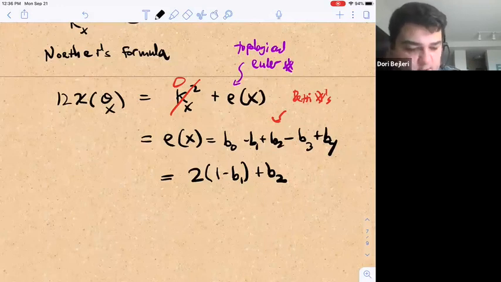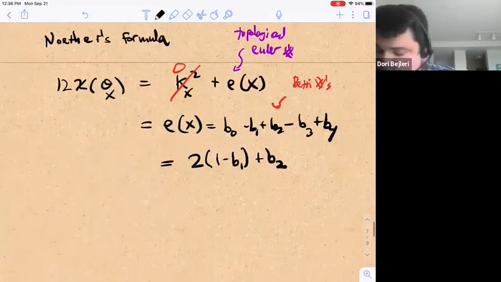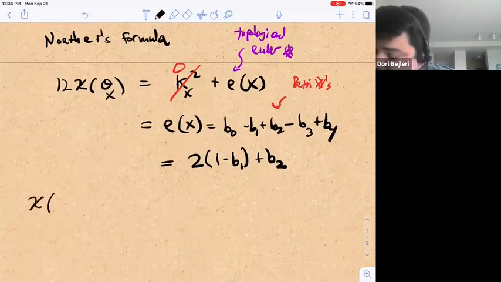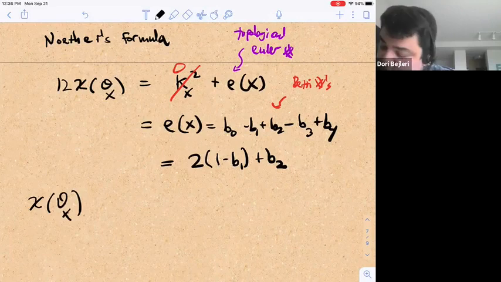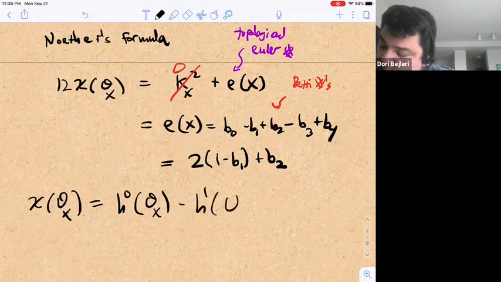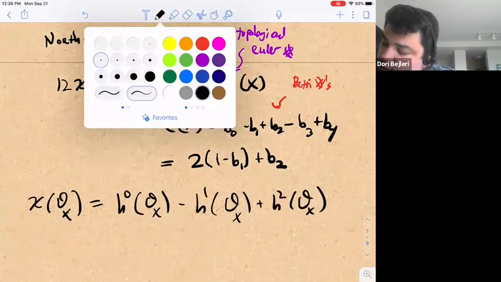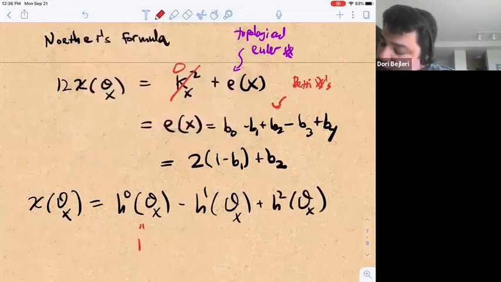On the other hand, let's write down the Euler characteristic of O under these assumptions. So this is always 1.